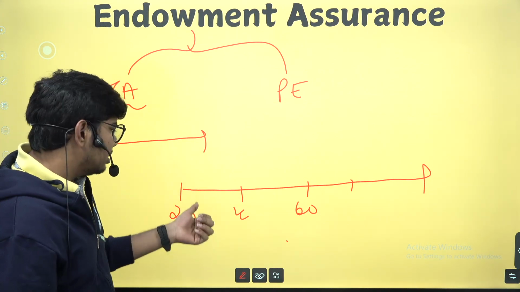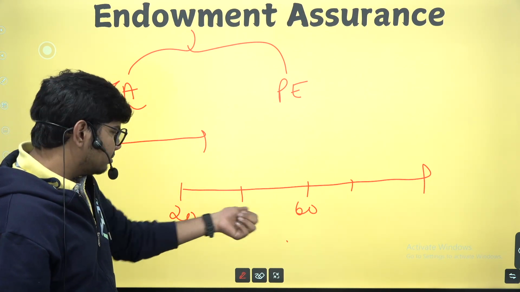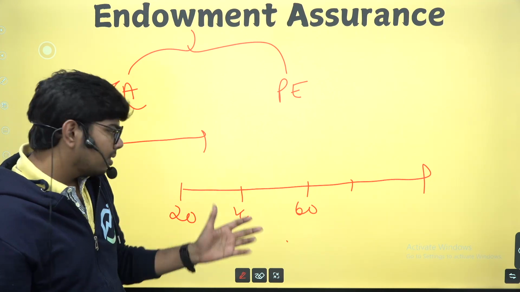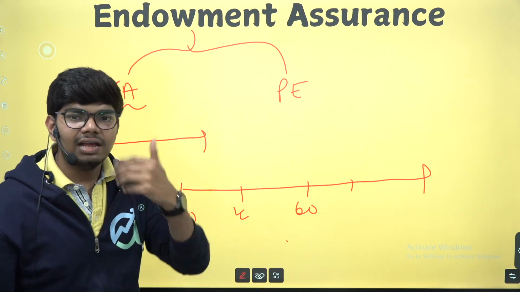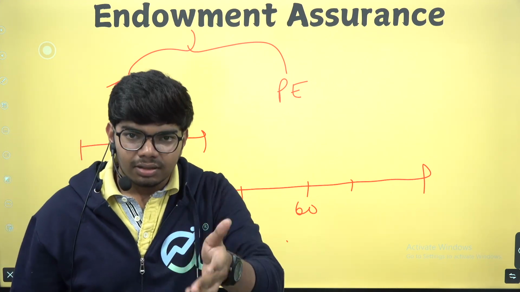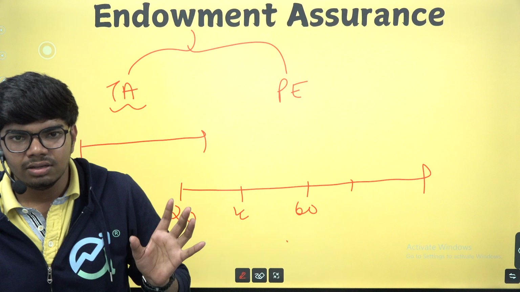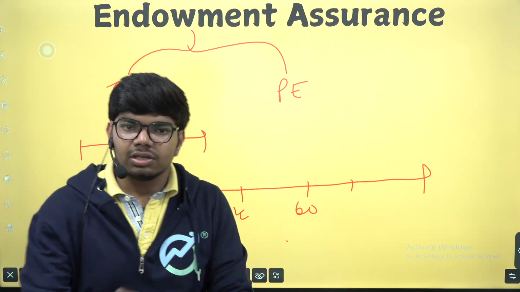If I were to die between 20 and 60, as and when I die, they will pay my family members money. Or if I were to survive till 60, I will call them and say, fine, now give me the survival benefit because I have survived till 40 years. Okay, so this is what an endowment assurance plan means.